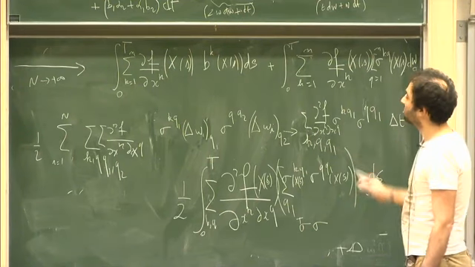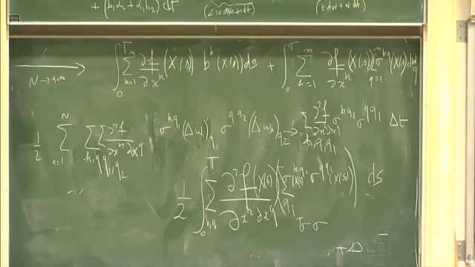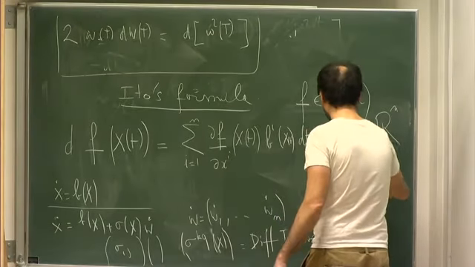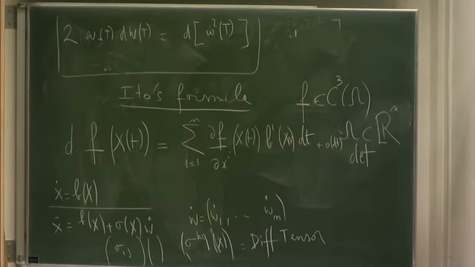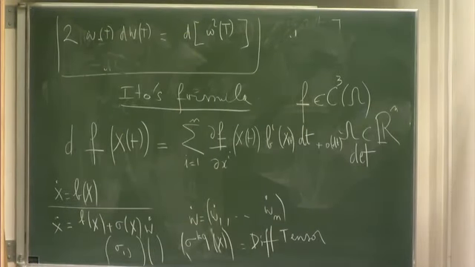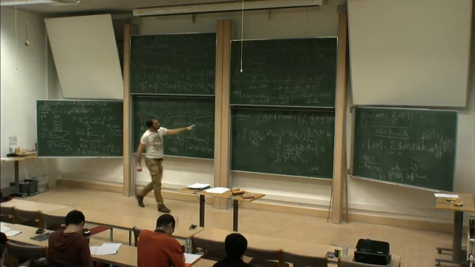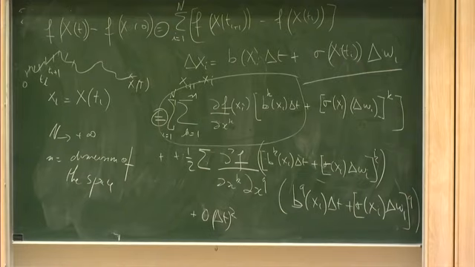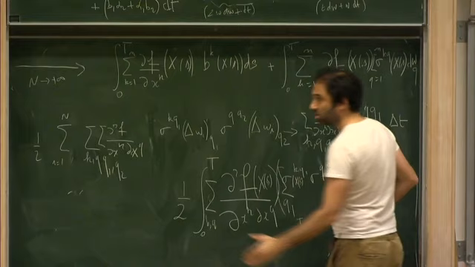So what is the summary of all of this? This was for the case of the deterministic function. And now you can differentiate everything with respect to capital T. So you don't have to write anything. Just write here d of f equals this plus this plus 1/2 of this, right?